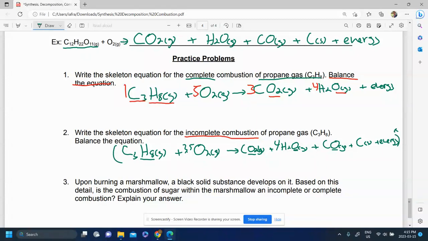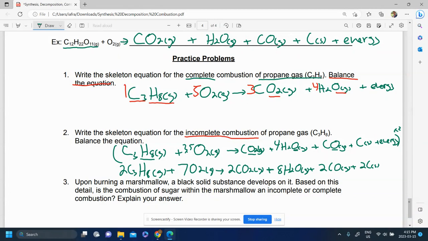And if you do that, you get 2C3H8 gas plus 7O2 gas produces 2 CO2 gas plus 8 H2O gas plus 2 CO gas plus 2C solid plus your energy.